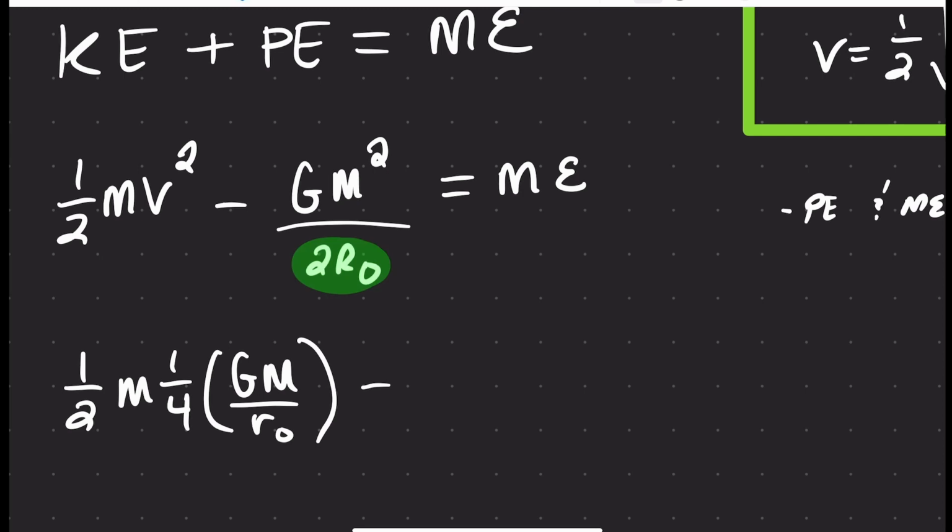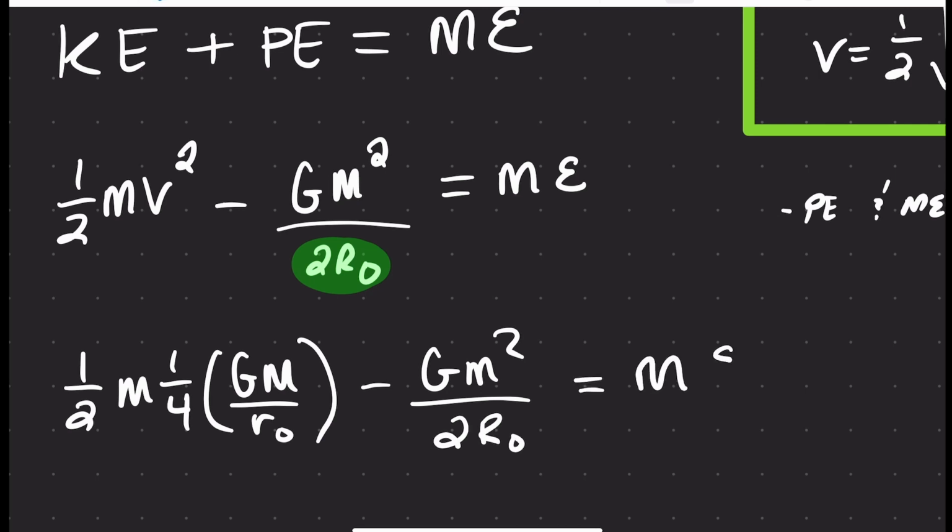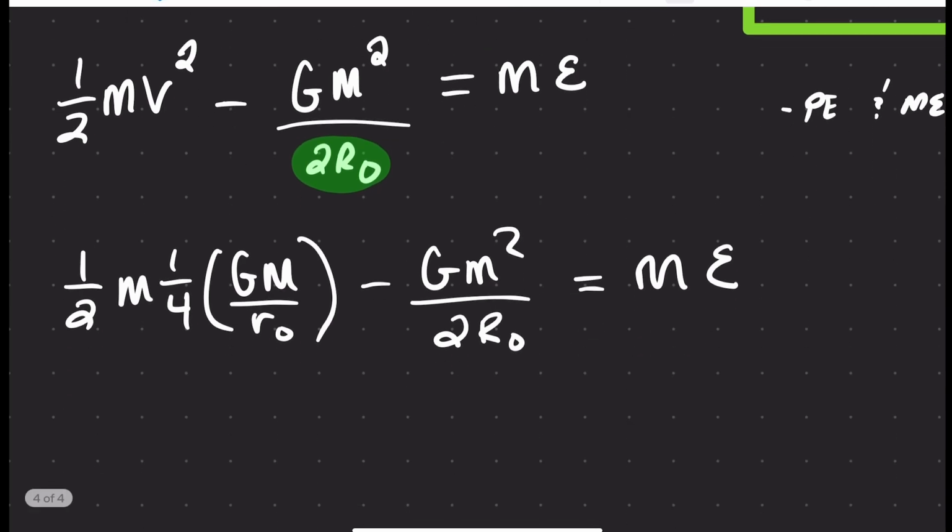We need to make this negative, because as the black holes get closer and closer, the potential energy actually decreases due to the gravitational force moving them closer together. So this is subtracting big GM squared over 2 R naught, and this will equal the mechanical energy of the system.